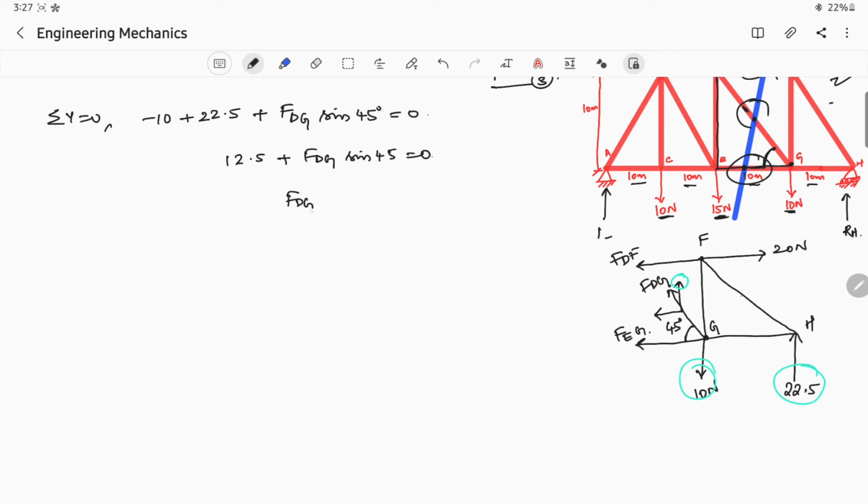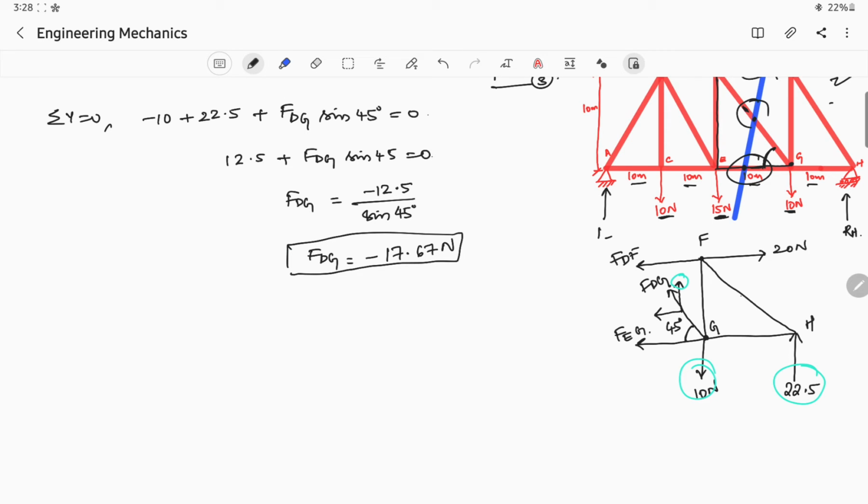So FDG is equal to minus 12.5 divided by sine 45 degrees. So FDG is equal to minus 17.67 Newton. So force in member DG is 17.67.